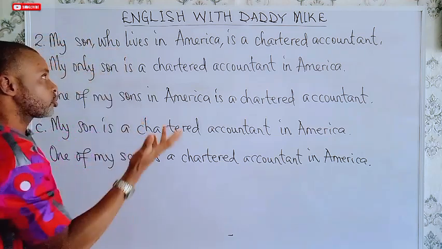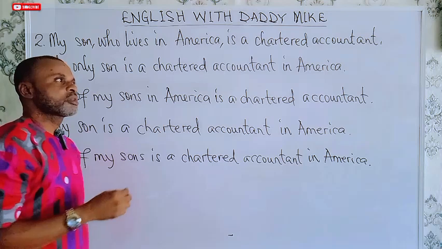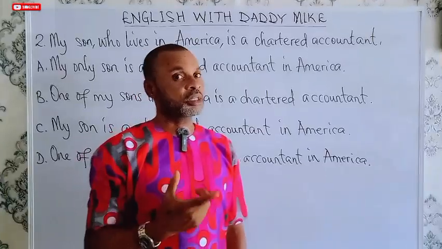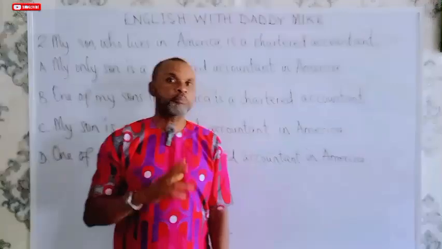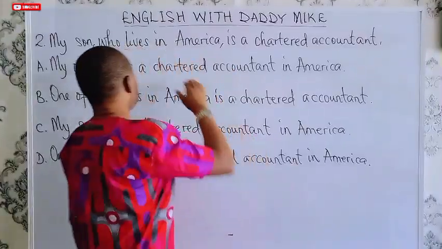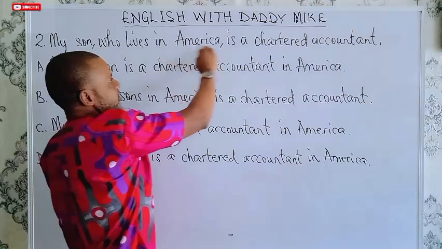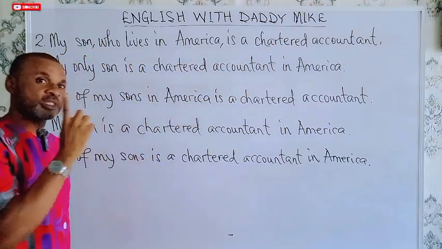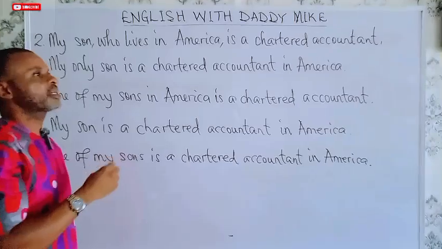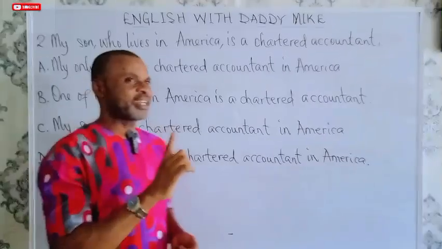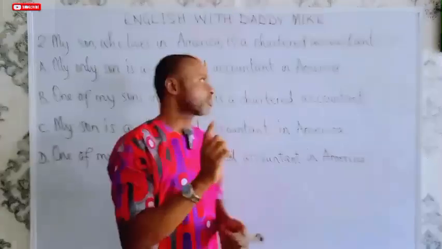But it does not show whether the speaker has only one son or has more than one son. Take note. Nowhere is it indicated in the original sentence that the speaker has only one son or has more than one son. What we do know is that he has a son.